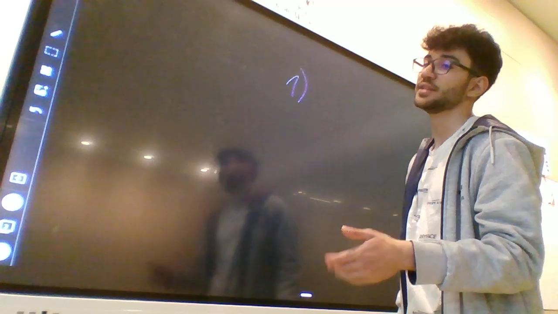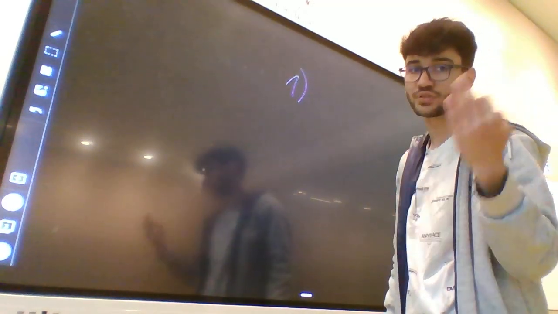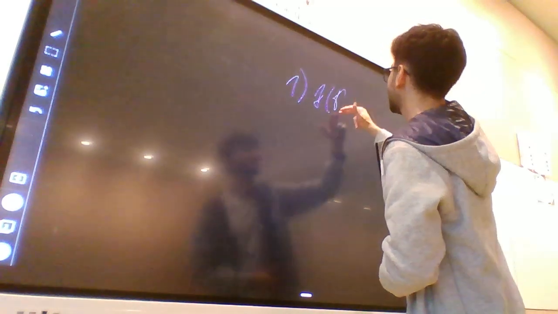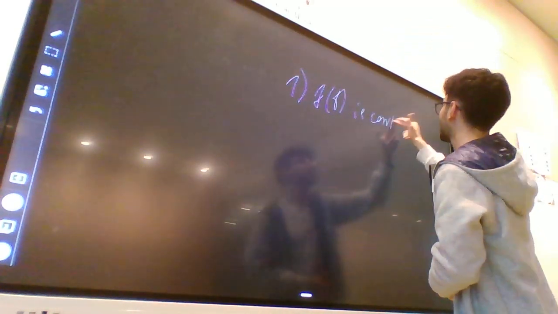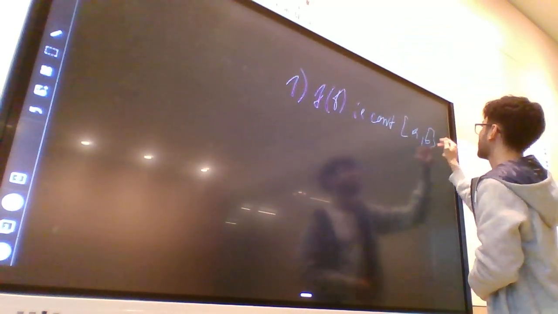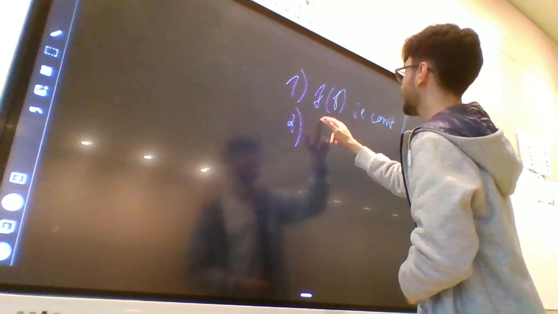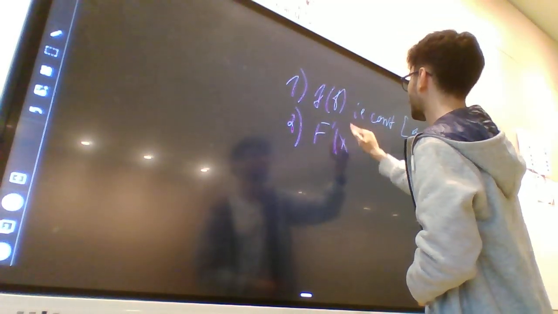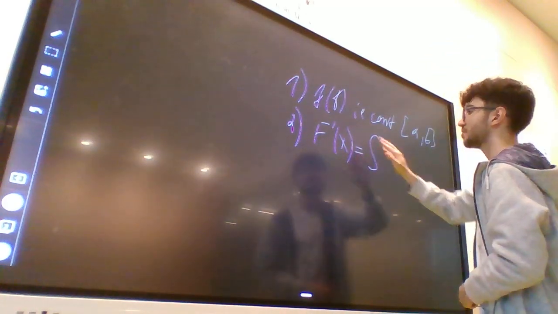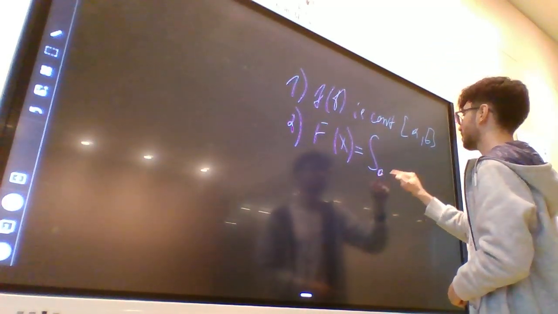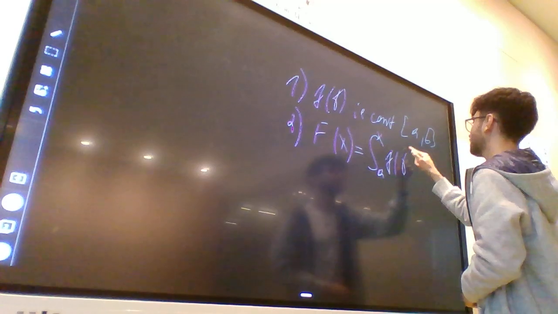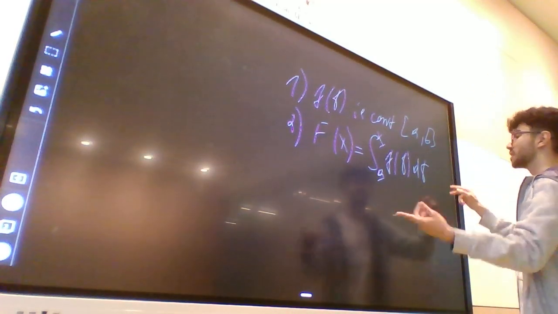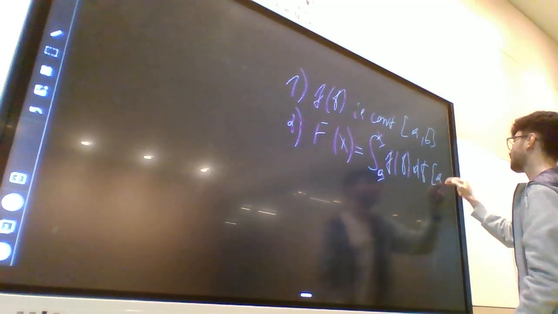If we want to understand the Fundamental Theorem of Calculus, we have to know three conditions in this theorem. The first condition is that our function f(t) is continuous on [a, b]. And our second condition is that the integral of our function from a to x is also continuous on [a, b].